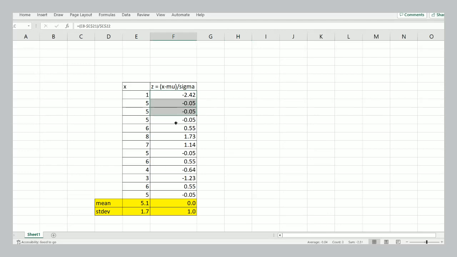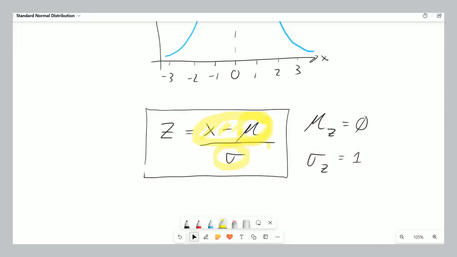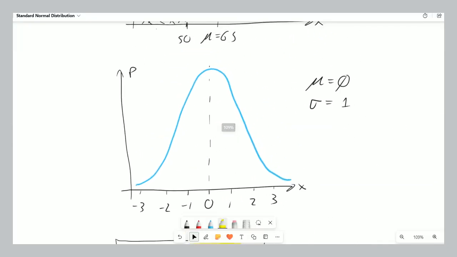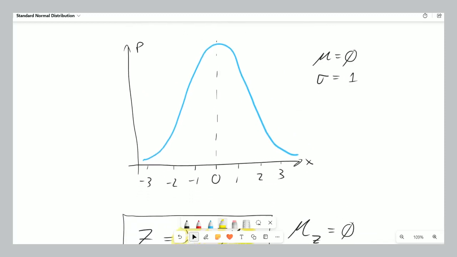You'll also notice that in this case, all of our data points are between negative 3 and 3, because as we expect with the normal distribution, based on the empirical rule, pretty much all of the data is within 3 standard deviations of the mean value.